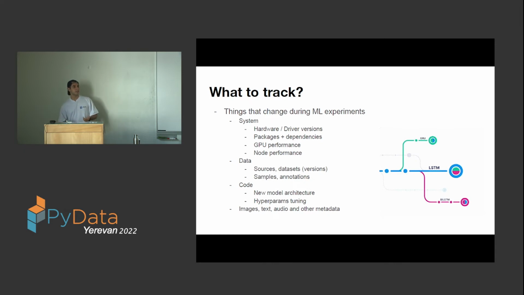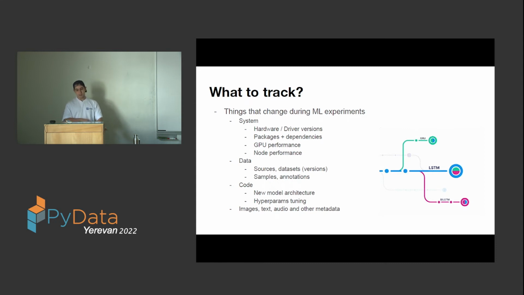For instance, in data preprocessing, in many cases these days, preprocessing is another type of machine learning process, for instance semi-supervised methods, right? Which means you run a model over new data, generate new data, etc. That generates new versions, new sources of data, new samples, new annotations, right? And the code obviously changes as well.